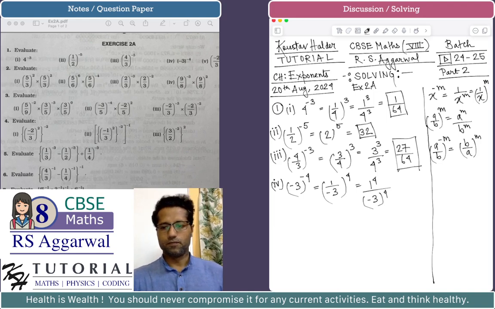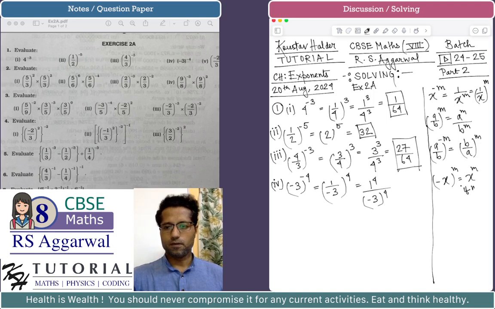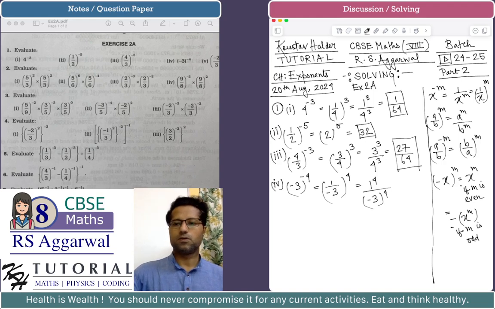Now we know that minus x raised to the power m will be equal to x to the power m if m is an even integer, and this will be equal to negative of x to the power m if m is an odd integer.